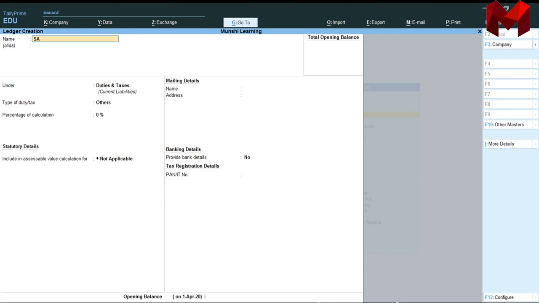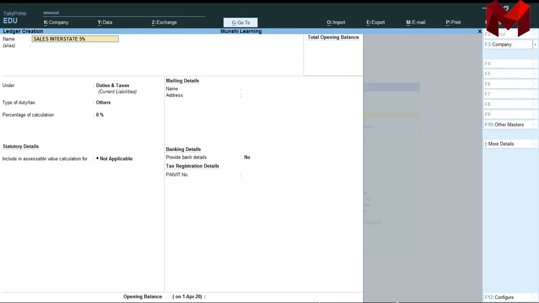Now the sales account: sales interstate. We can write interstate, because this is going out of state, the goods are going out of state.